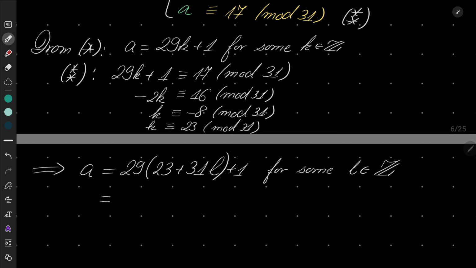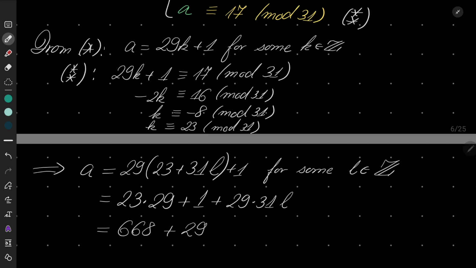Oh no, now comes the hard part, namely computing large numbers. I hate this part so much. So 23 times 29 plus 1 plus 29 times 31 times L. Let's multiply it. Give me a moment, I have to use a calculator. 23 times 29 is 667, plus 1 is 668, plus 29 times 31L.